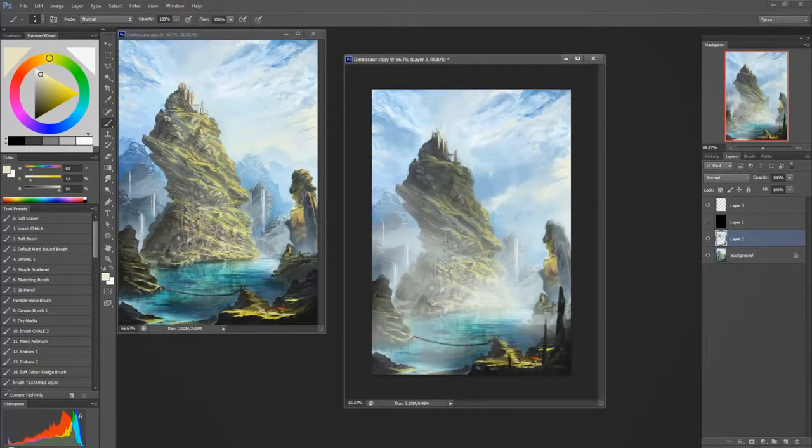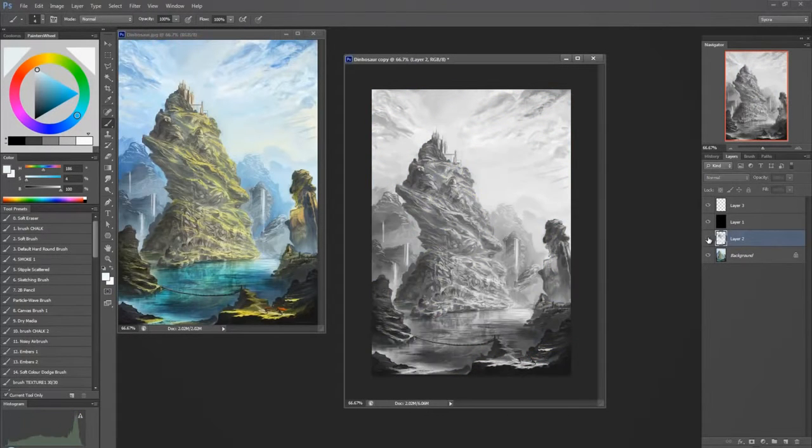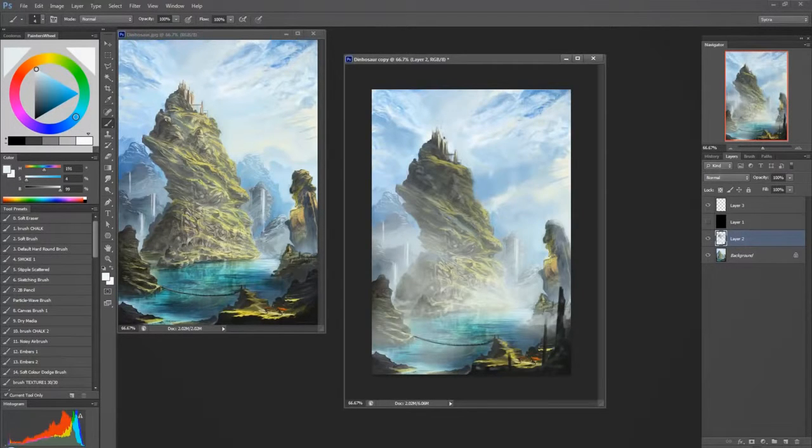So my solution to this was to just add a lot of mist to get rid of distracting focal points. And the waterfalls kind of make sense, yeah, there would be mist, so I did that.